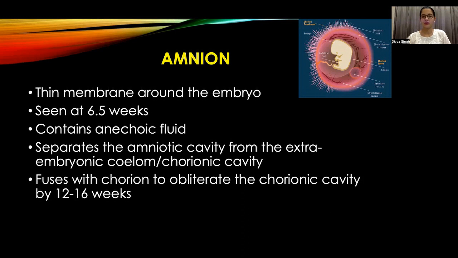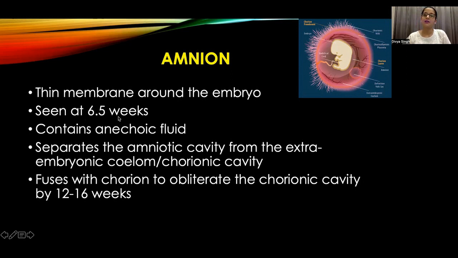The next structure that we can see within the gestational sac is the amnion. As you can see in this illustration, this is the gestational sac. This relatively more red area around the gestational sac is the echogenic chorionic rim that I alluded to. Then we have the yolk sac, we have the embryo, and this embryo is enclosed by this thin membrane or envelope, which is known as the amnion.